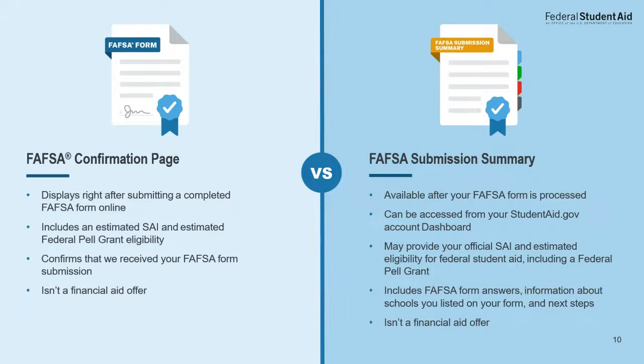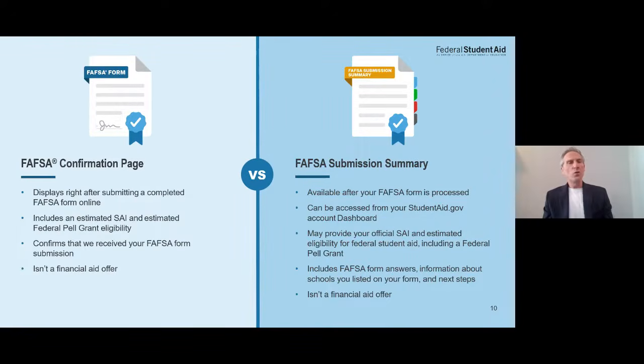Now, I mentioned both the FAFSA confirmation page and the FAFSA submission summary. So once again, let's just make sure we understand the differences between the two key documents. Remember that the FAFSA confirmation page will display immediately after you submit a completed FAFSA form online and contains an estimated SAI.